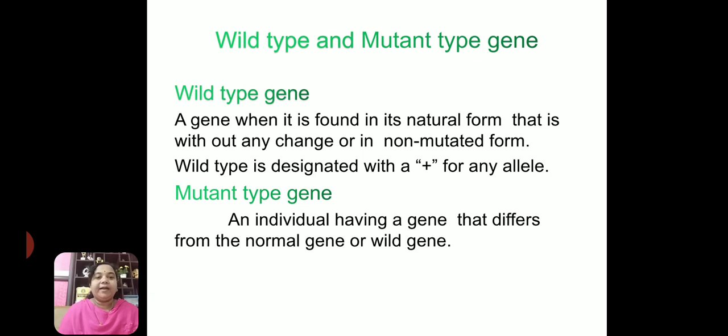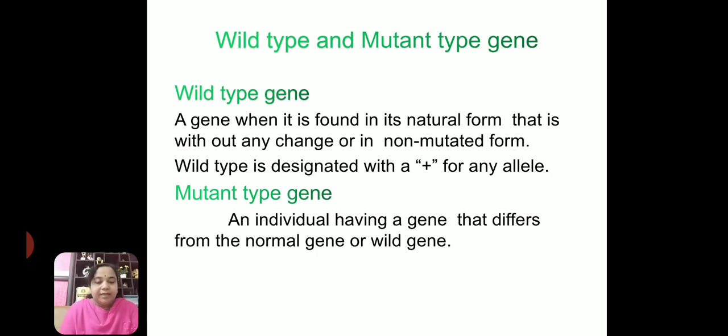Then what is a wild type gene? When a gene is found in its natural form, it is called a wild type gene. That is a gene without any change, or we can say a non-mutated form.